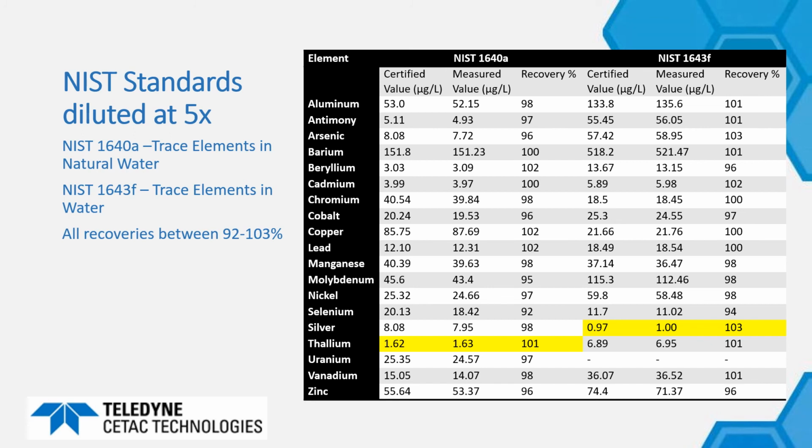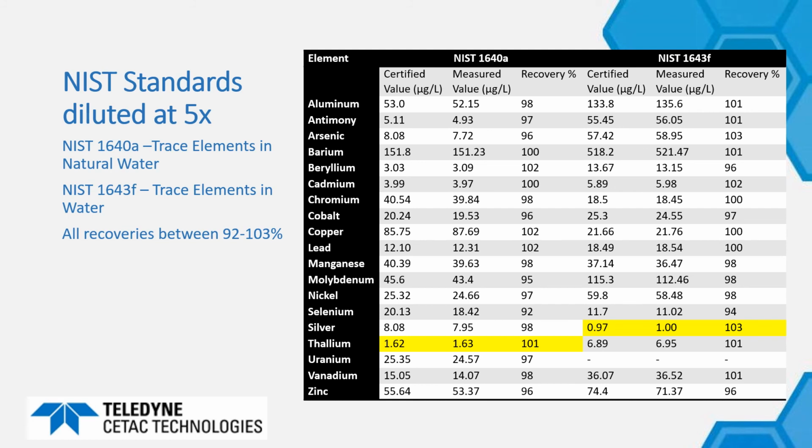We also did some standard preparation with NIST standards because we wanted to show something that we knew had quite a few known values. If having high manganese is nice, being able to use a NIST standard is better. And so we have the NIST standards listed there. The really important thing here is the recoveries: we're able to prepare these with the SimPrep and analyze them, and all of our recoveries came back between 92 and 103%.